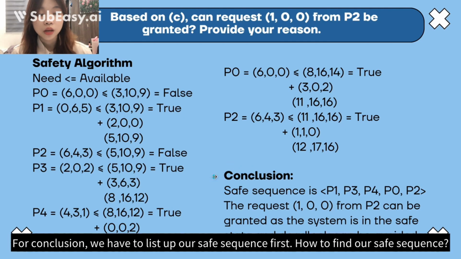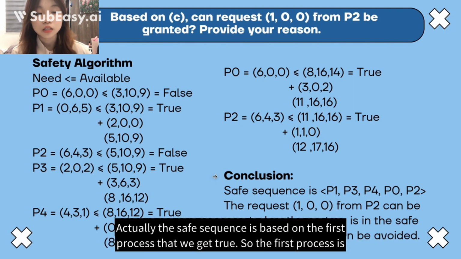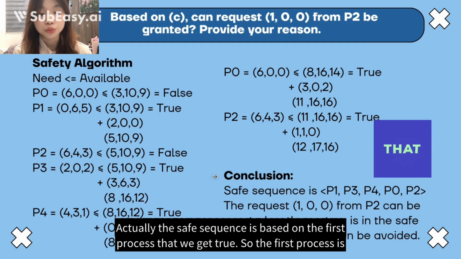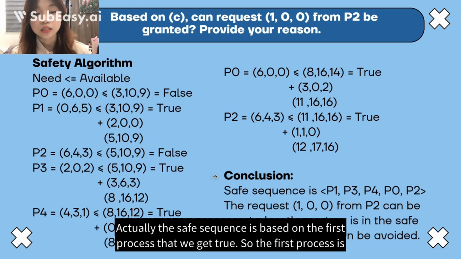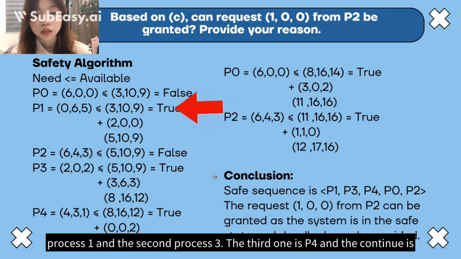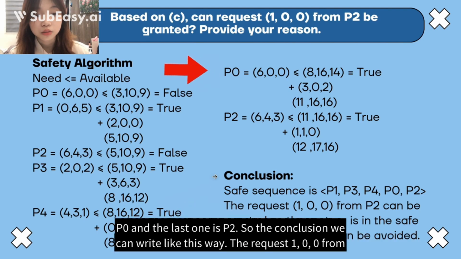For conclusion, we have to list up our safe sequence first. How to find our safe sequence? Actually, the safe sequence is based on the order of the processes that we get through. So the first process is P1, and the second is P3. The third one is P4, and then P0, and the last one is P2.